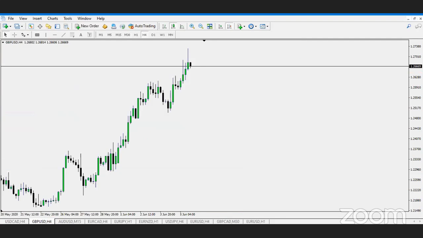Yes. So again, we can see here on GU that if we look at the 4-hour chart, when price rallied up over here, there was actually an order block over here. This was an order block, and price actually closed above, and this would have been our source over here.